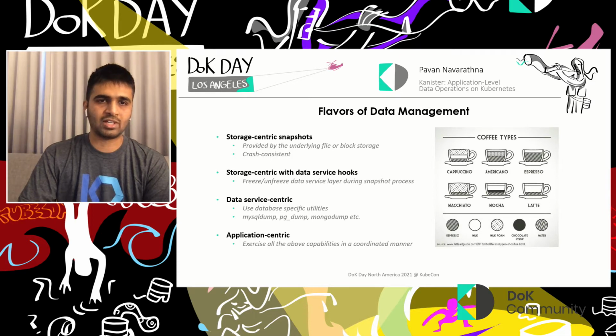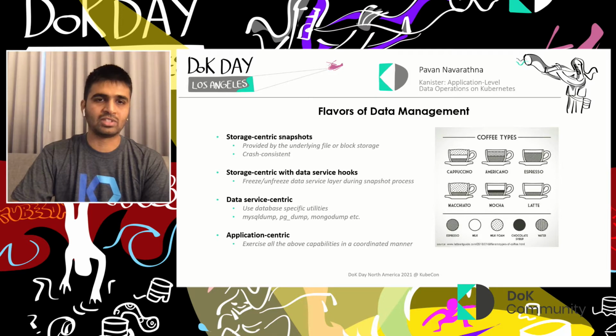So the second approach is that you could have the storage-centric snapshots, but have hooks or APIs provided by these data services to freeze and unfreeze the application during the process. There's also the data-centric approach where you could utilize the tools provided by databases like MySQL dump and pgdump.